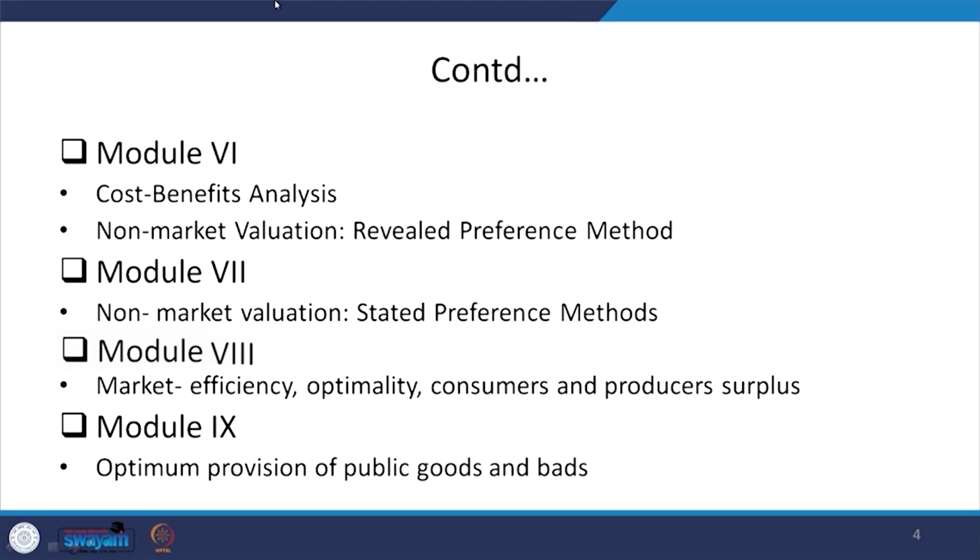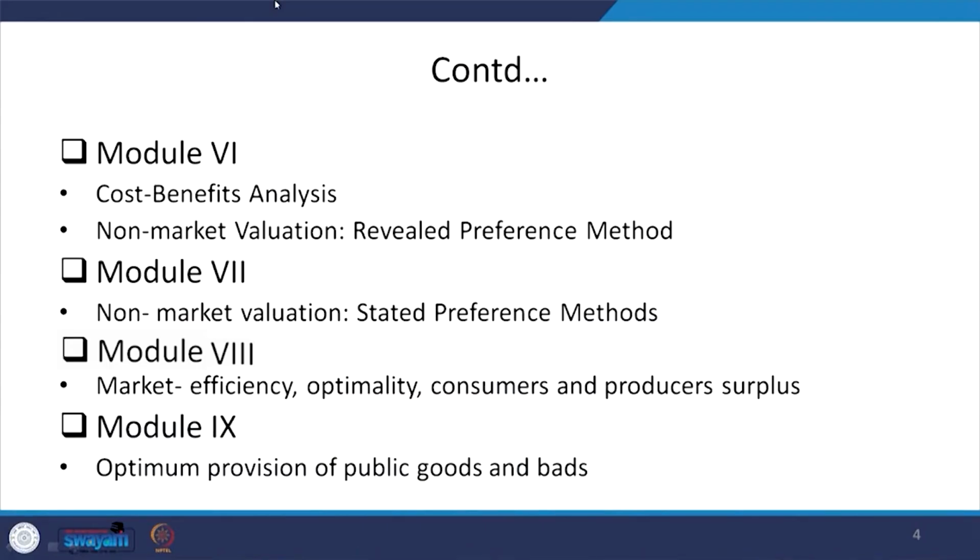When we have an environmental development project, it has certain cost associated which may be spread over a longer period in future also, and similarly the benefits of the projects also spread over a longer period. So, in this unit we will discuss the cost benefit analysis in detail, and we will also examine the non-market valuation by using the revealed preference method.